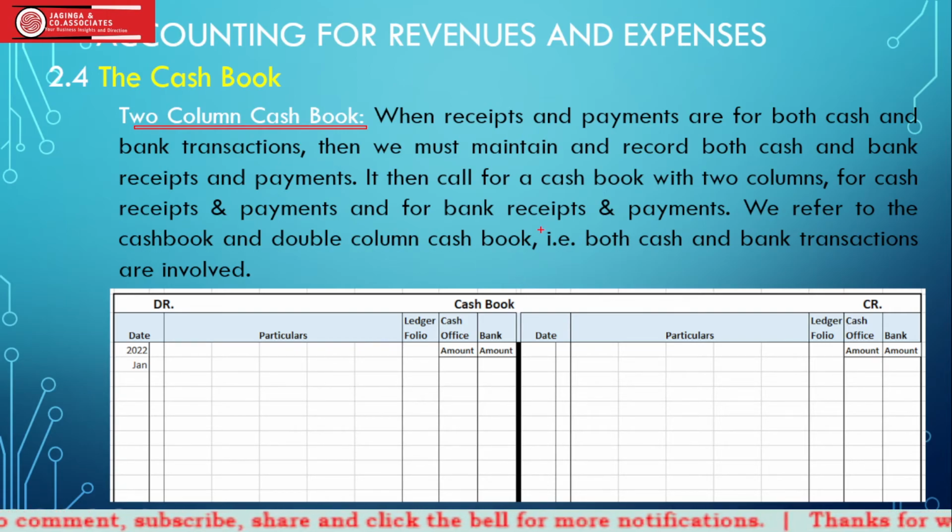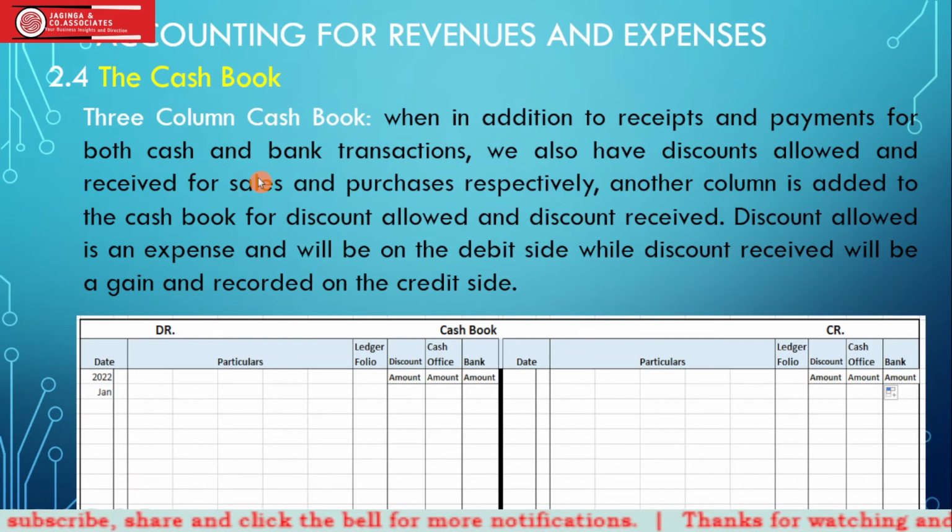And then lastly we also have a three column cash book, and with the three column cash book we are creating another column for discount received or discount allowed.